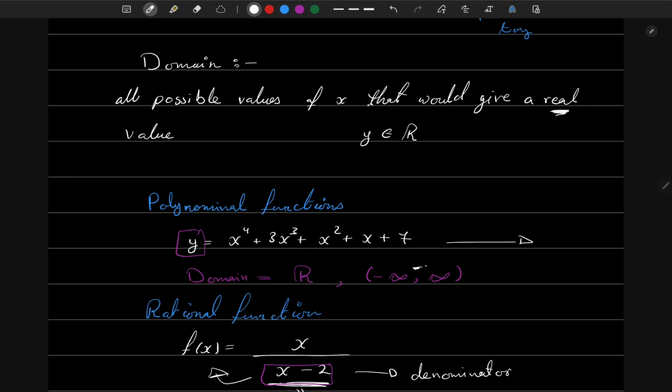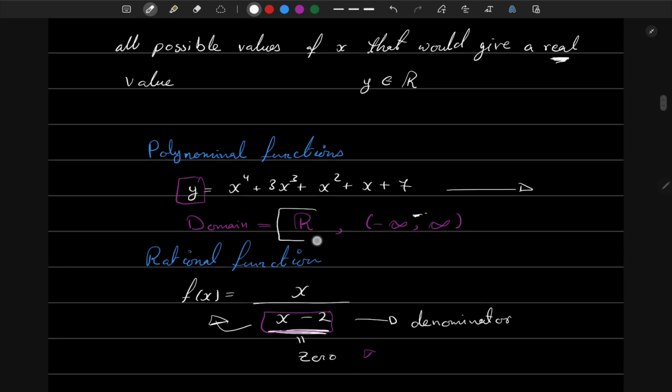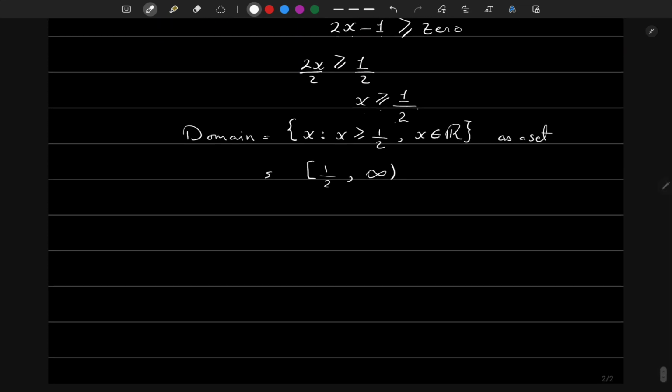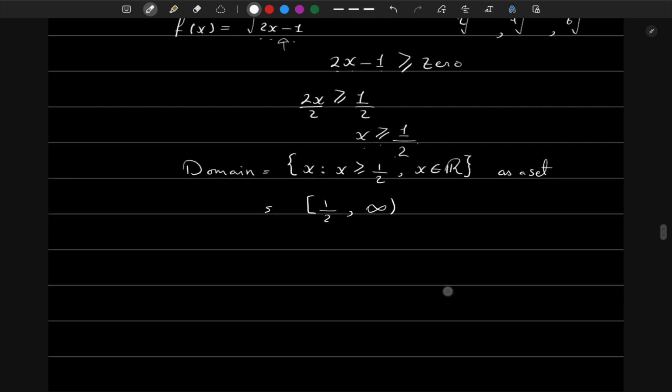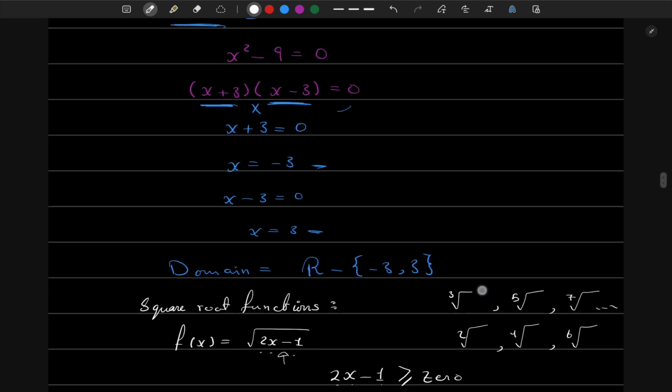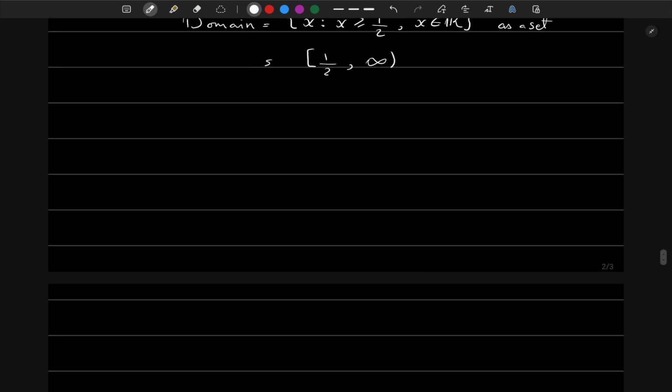So the domain will be R, but all the values that will give me a negative number under this root are going to be excluded from this domain. And that's basically all kinds of functions that we can face and be required to find domains for.